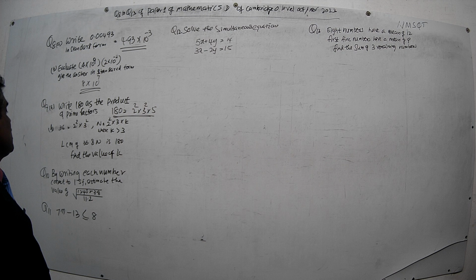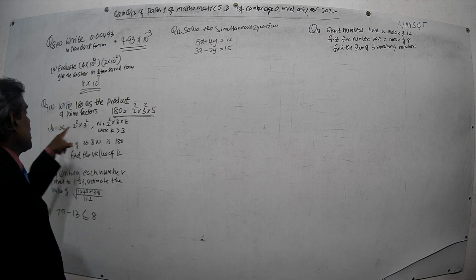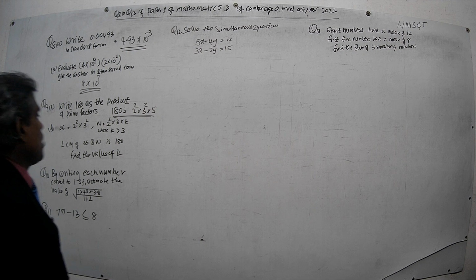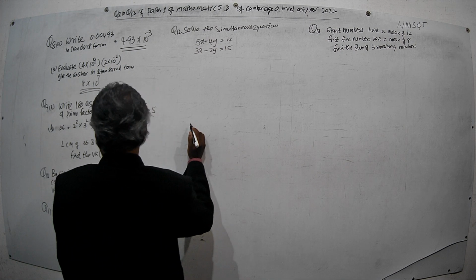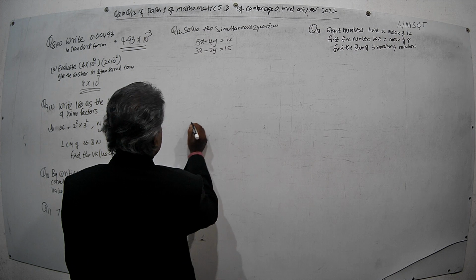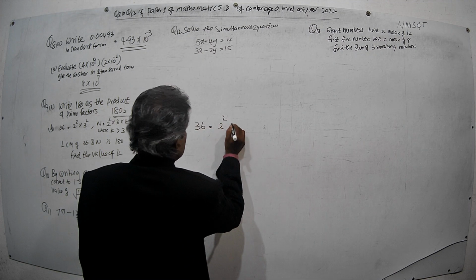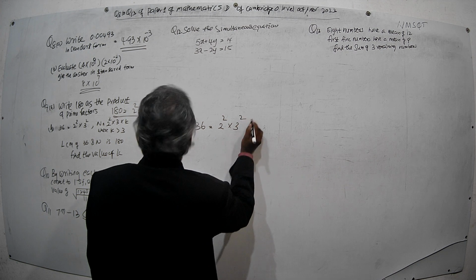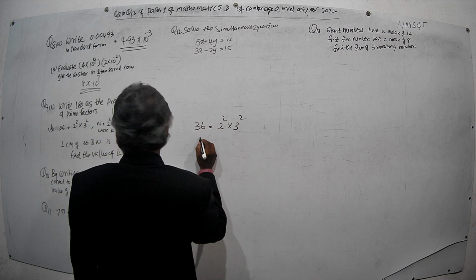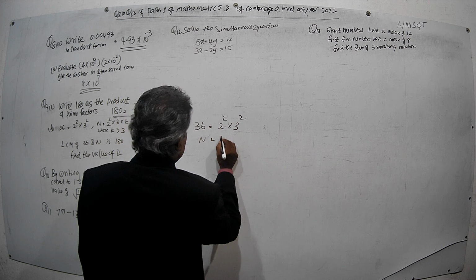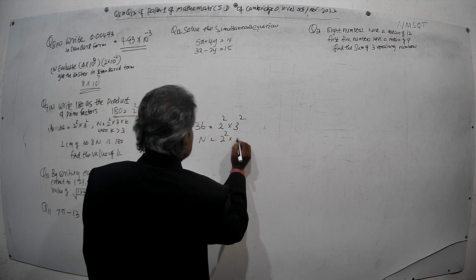Now the LCM of the number 36 and the number n is said to be 180. Then we will see how to find the LCM of these two numbers. 36 equals, in prime factors, 2 to the power 2 into 3 to the power 2, right? Then number n equals, in prime factors, 2 to the power 2 into 3 into k.